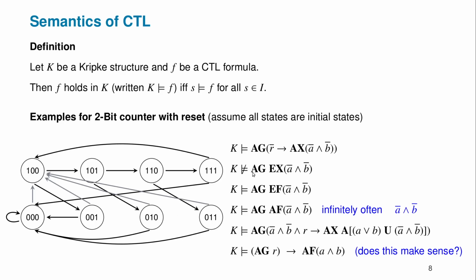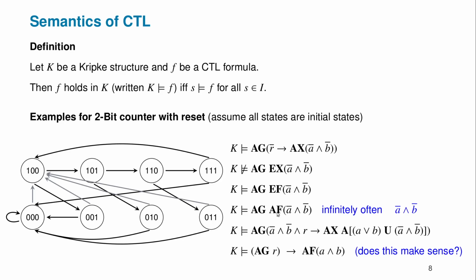We could also have reformulated this property as AG, EX, EX, not A and not B, asking if after 2 steps it is possible to reach a state where A and B are both false, and this would also be true.